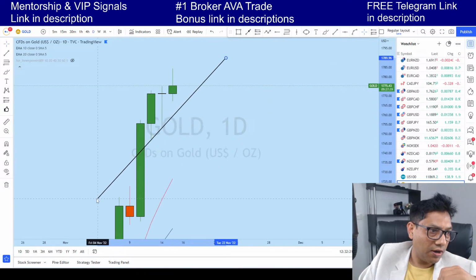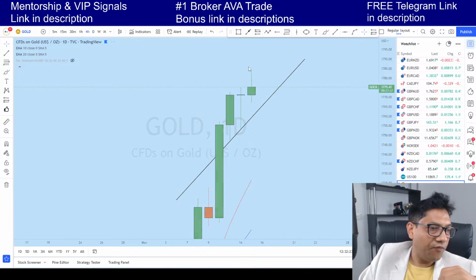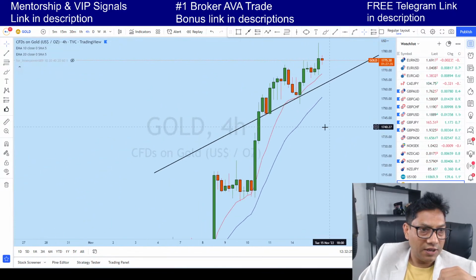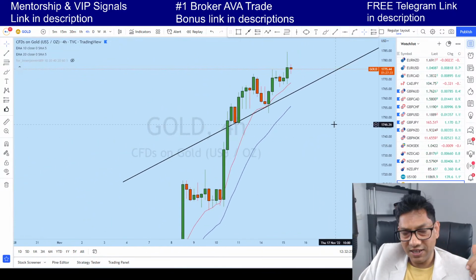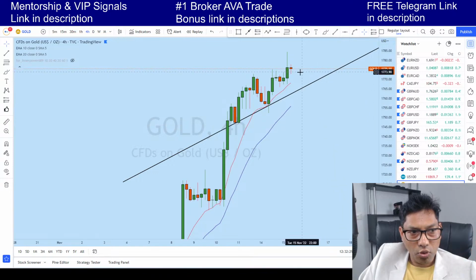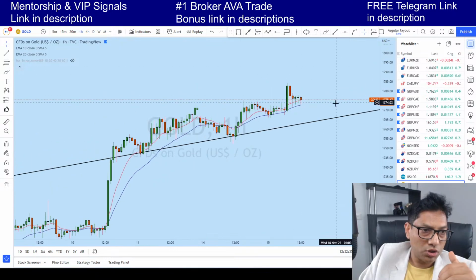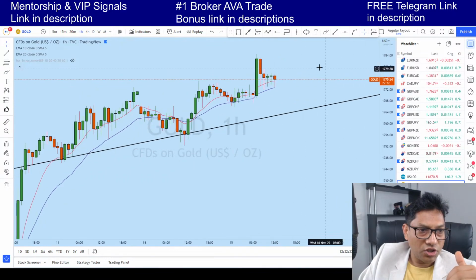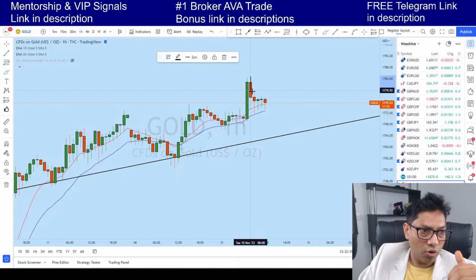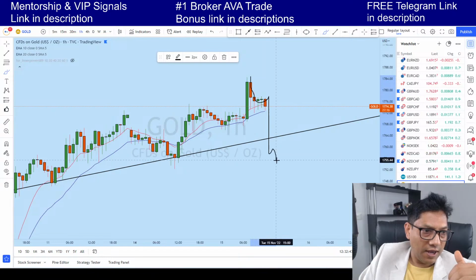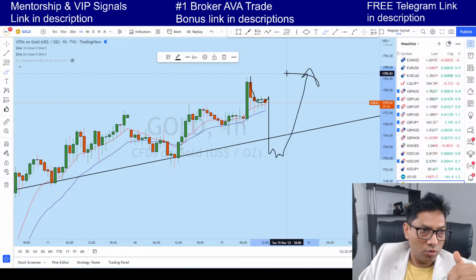You draw this trend line on the daily, and if you look at the 4 hour, you see that the trend line has not been tested, and that is why we put a pending order here around this zone. It didn't come there, and later we closed it, because on the 1 hour chart I see that gold is forming a reversal here. What I think is it will drop along this zone and then could go up again.